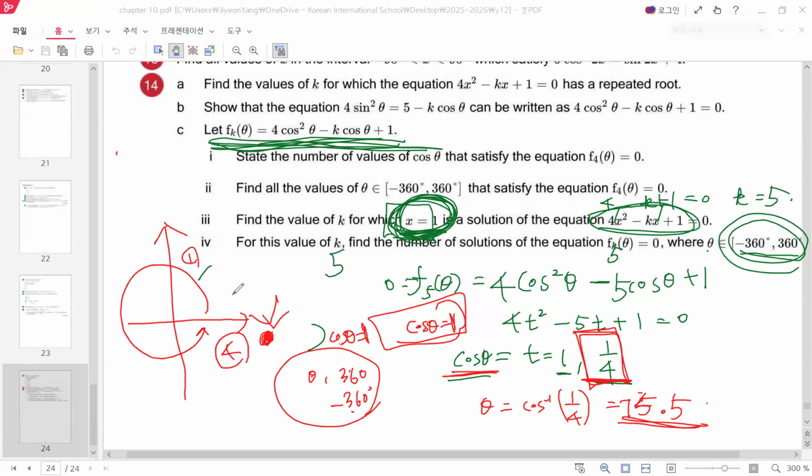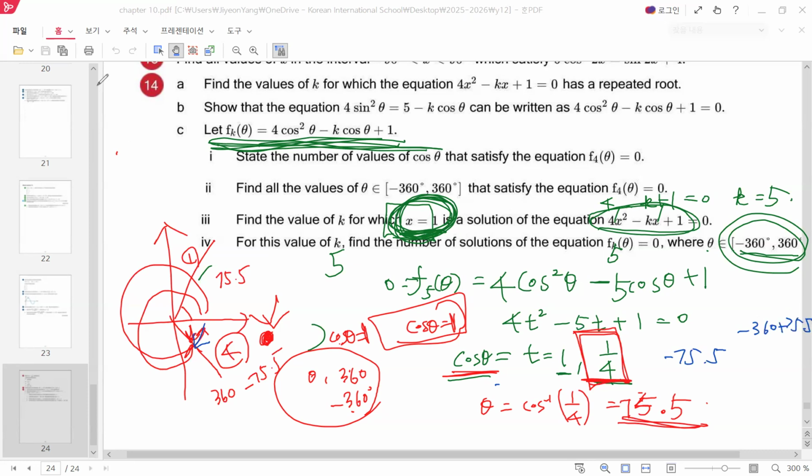So 75.5 here, and what's 75.5 on the fourth quadrant, students? 360 minus 75.5. And then the negative direction: this one is negative 75.5, and the negative 360 plus 75.5.